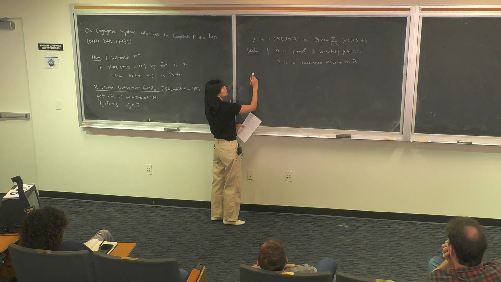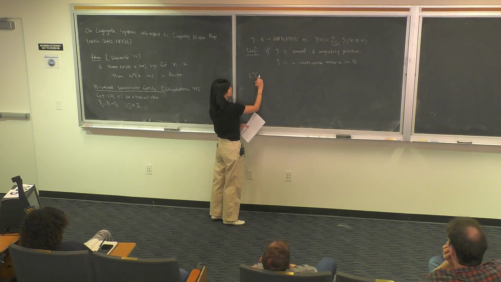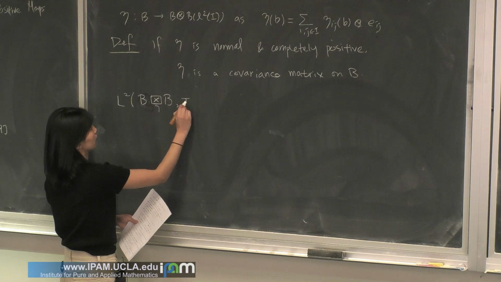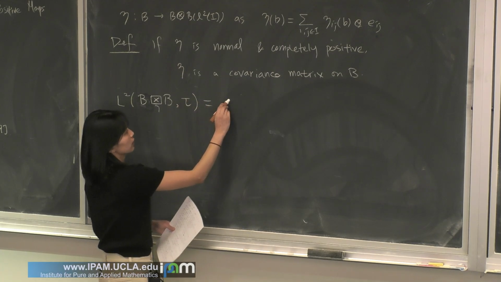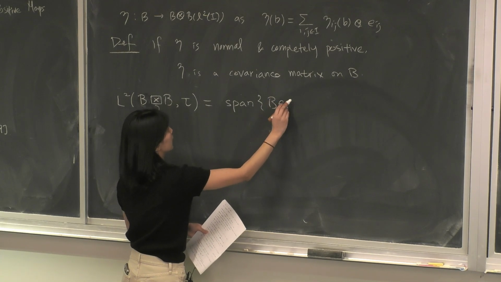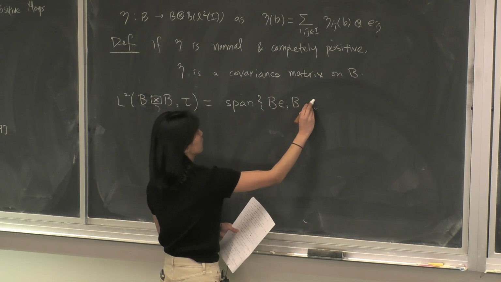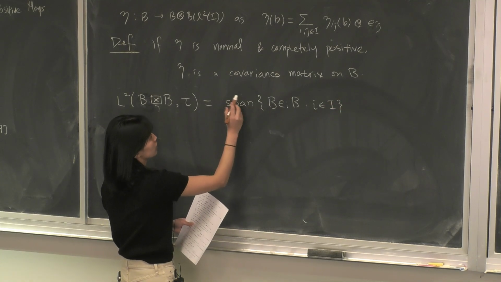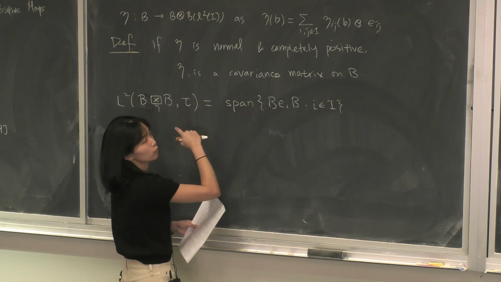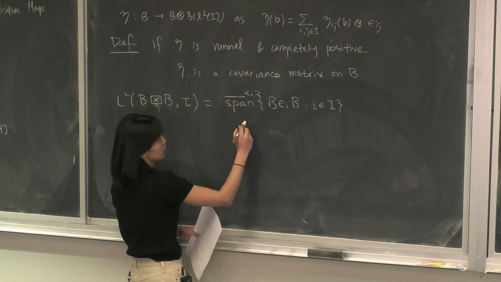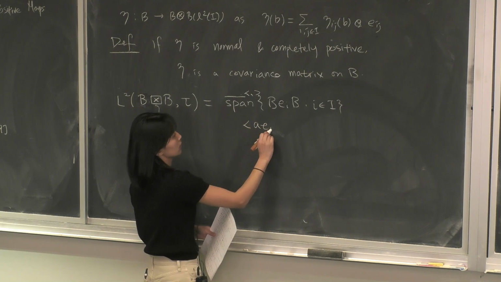We can construct a von Neumann correspondence denoted as this, which is just the span of B, E_i, B. This E_i is just some vector that encodes the information of eta, and we close with respect to this inner product.